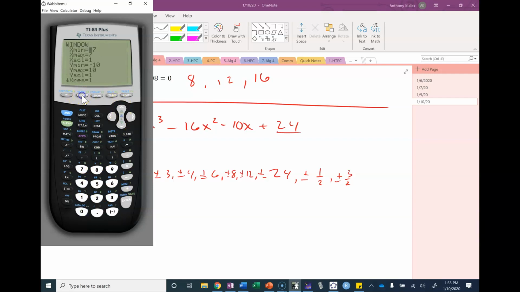Okay, I'll go to my window. I'll set my window to maybe negative 25 to positive 25. I'll probably need to zoom in again, but that'll at least be my starting spot, because those are a little bit bigger than the biggest and a little bit smaller than the smallest from my list that I just made a moment ago.